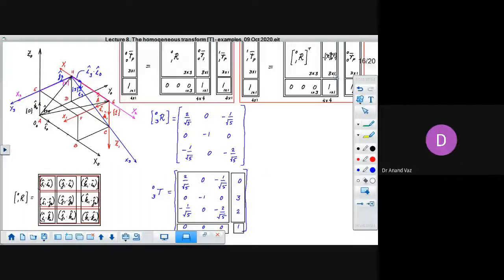The other elements, 0, 0, 0, 1, will remain the same, and you will get the inverse. So you can see it is very easy. You don't have to do row and column operations to obtain the inverse. You only have to perform this matrix multiplication: take the transpose of this matrix and operate it on this vector.